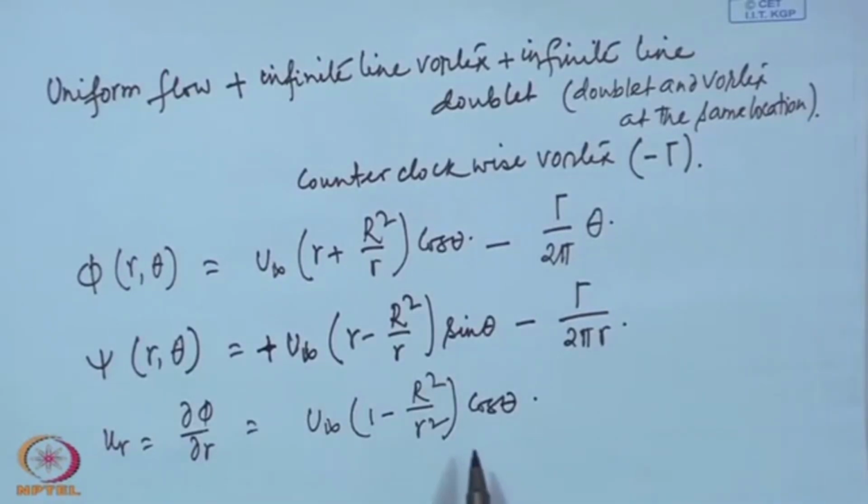And obviously it remains that at r equal to r, this is 0. That means it still remains flow about a circular cylinder of the same radius. Addition of a point vortex at the center does not change it, it still remains flow about a circular cylinder of radius r.